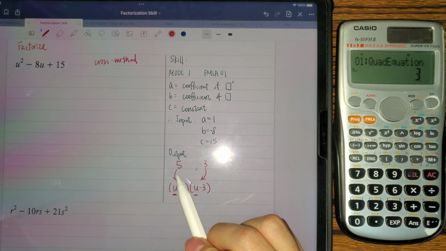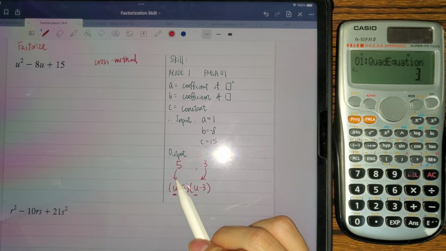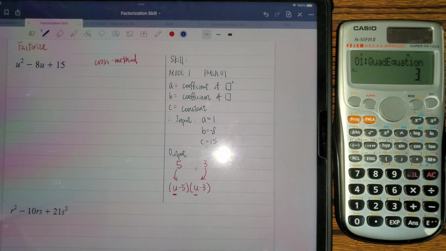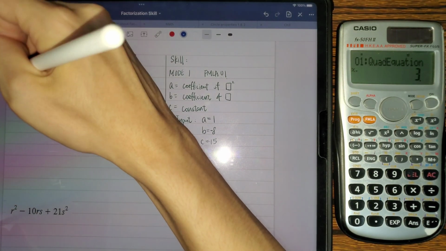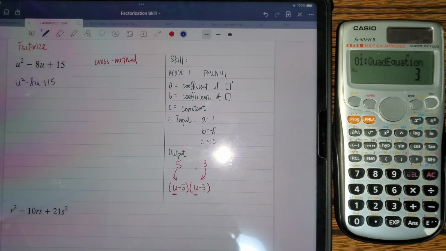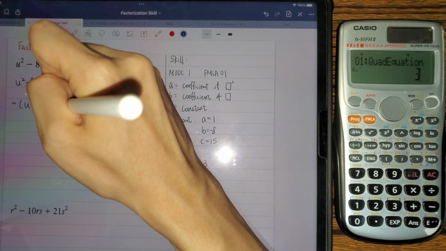So we can directly get the answer from formula 01, but you need to do the reverse cases. When you see the positive, change it into negative. When you see the integer, you swap it. And then what you need to write when you're having the exam is: equals to u minus 5 and u minus 3.